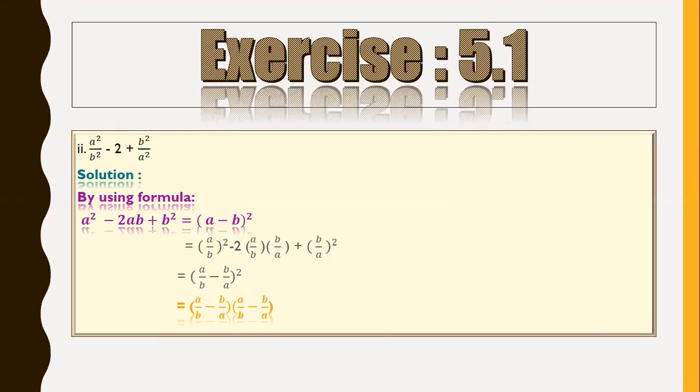So when we put the values in the formula, instead of a, we write a over b whole square minus 2ab plus, instead of b, we put there b over a whole square. So when we enclose in the formula, we write a over b minus b over a whole square.